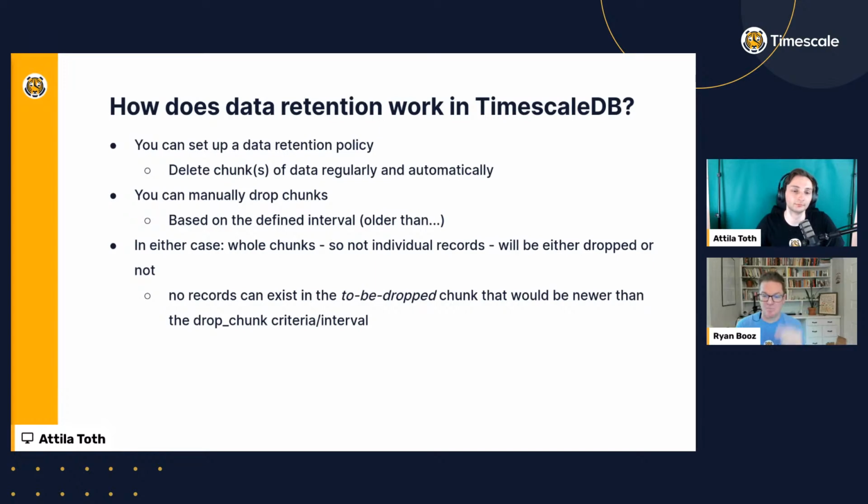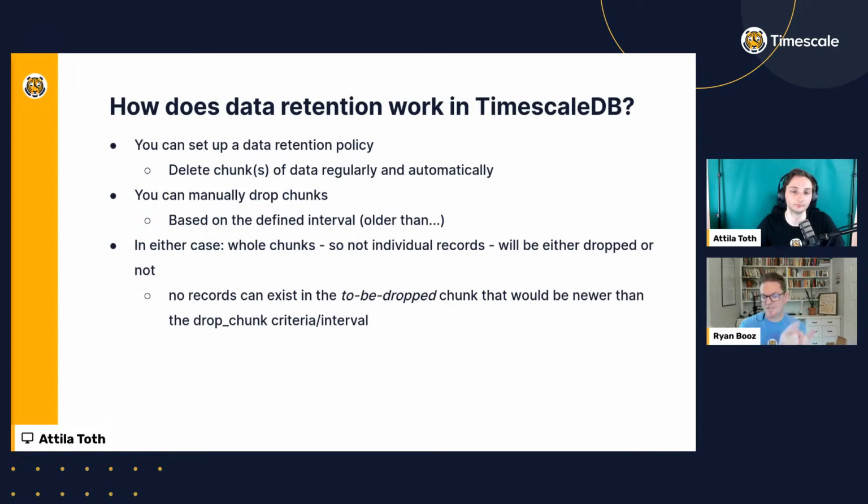And so what the retention policy is actually saying is, don't go find me rows that are older than this. It's go find me chunks whose range end is older than the interval you've specified. Like you said, it's always based on now. So when the retention policy runs, whatever point in time that is, we say now minus whatever your interval, maybe 2 months. So we say, okay, what is that timestamp?